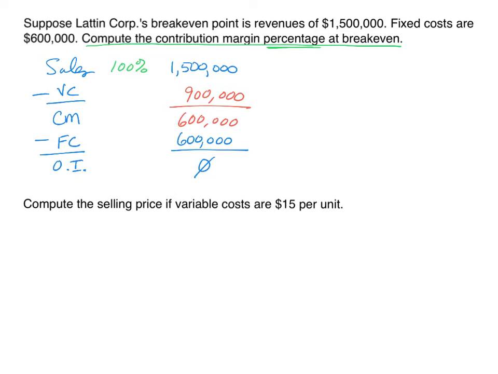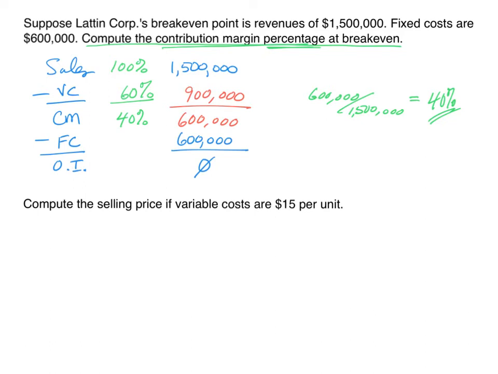So for example, contribution margin is $600,000. If we divide that by the sales, $1.5 million, we find that the contribution margin percentage is 40%. So we could put that in our equation here, and if we needed the variable cost percentage, it is simply the difference. So the variable cost percentage would be 60%. But the question asks for the contribution margin percentage at break-even, and that is the 40%.